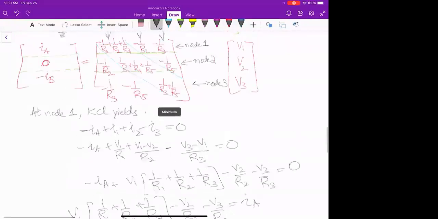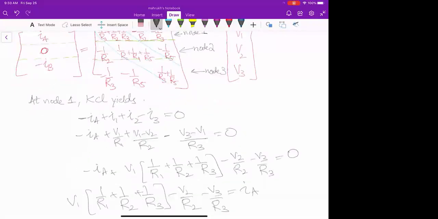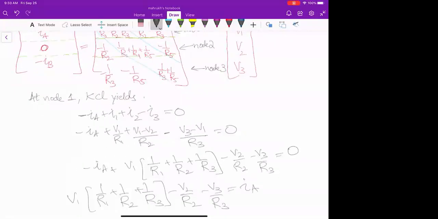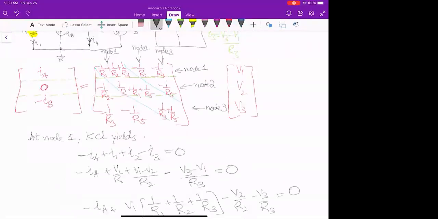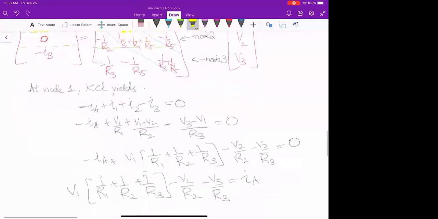Let's compare it with our matrix. We can see that our first row is the same, right? We have 1 over R1 plus R2 plus R3 associated with V1, then minus 1 over R2, and then minus 1 over R3. Sounds good?